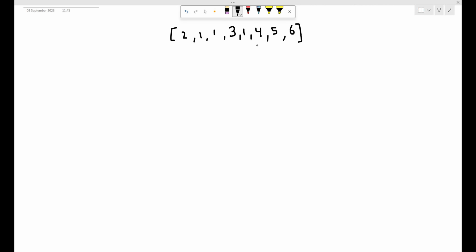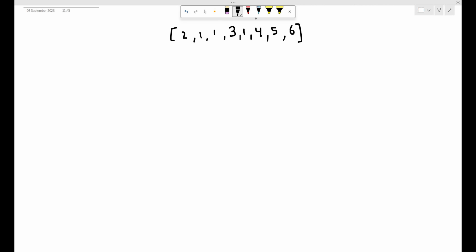How many possible elements can there be? Because if we have to find elements greater than n by 2, that means appearing more than 50% in the array, there is no chance that there can be more than one element. In that case, it is always for sure that there will be only one element.